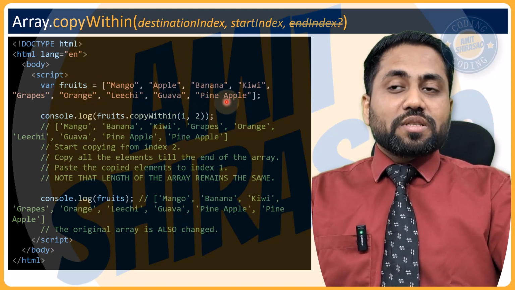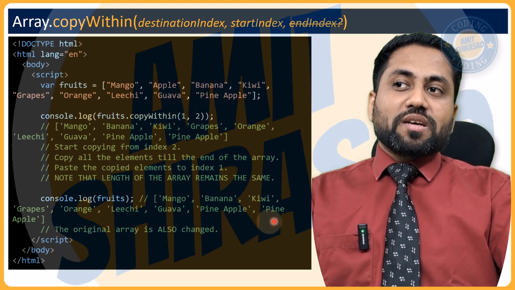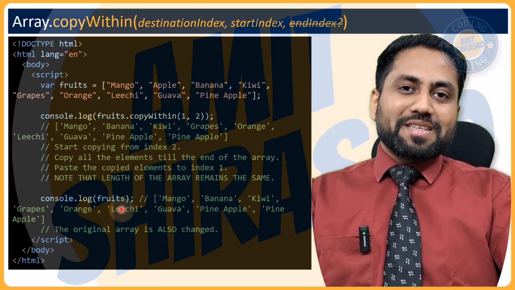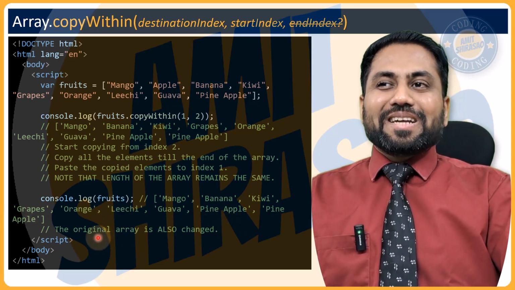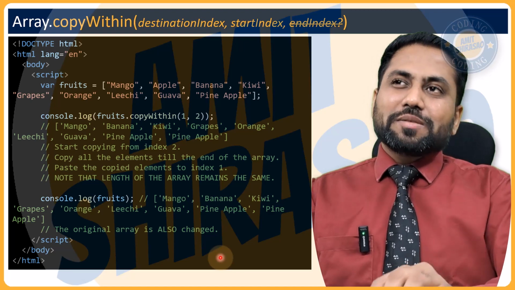After that this pineapple stayed intact, so you have two pineapples in your fruit basket here. Got the idea? And of course the original array is also changed.